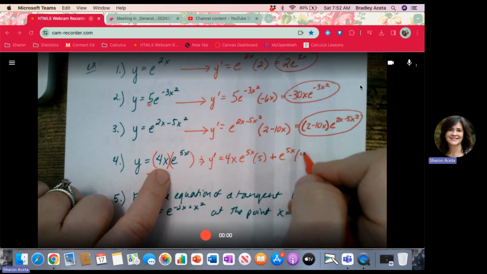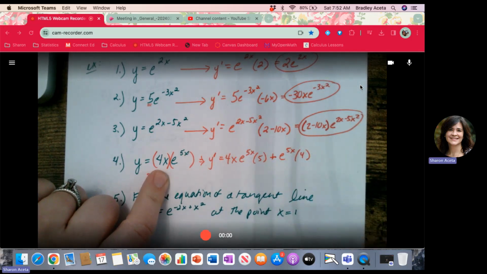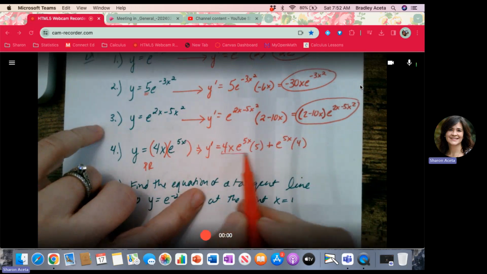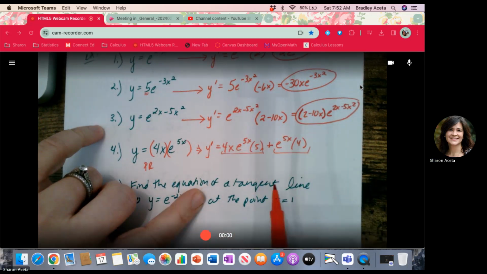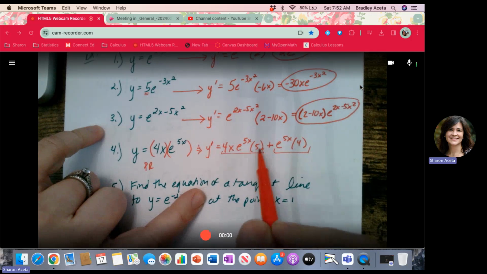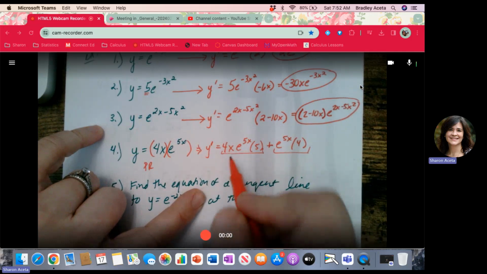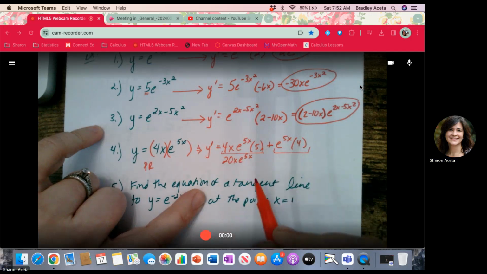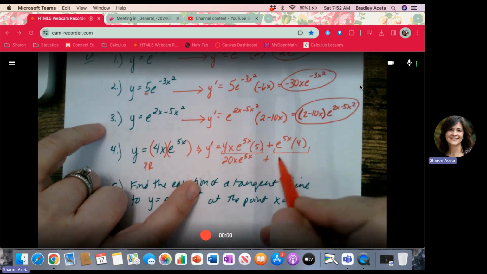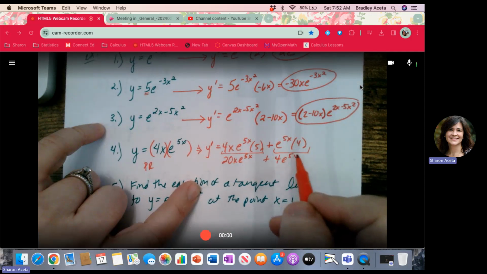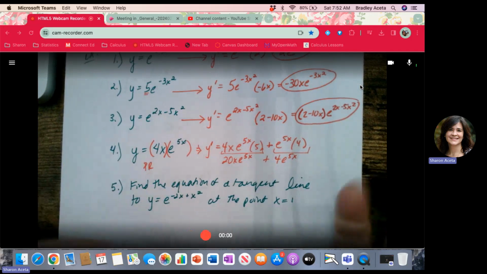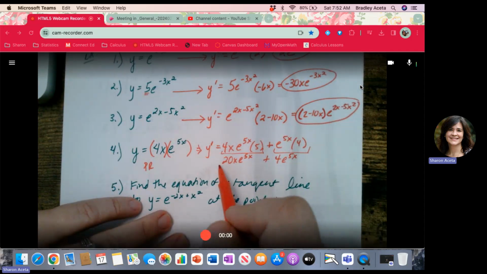The derivative of 4x is 4. All right, let's see if we can clean this up a little bit. So again, here's my group, here and here. I like my e's to be in the back, so I would do 5 times 4x would be 20x, e to the 5x. And then this I would just write 4e to the 5x. Now, I'm fine with that if you want to factor it out, depending on what your teacher would like.